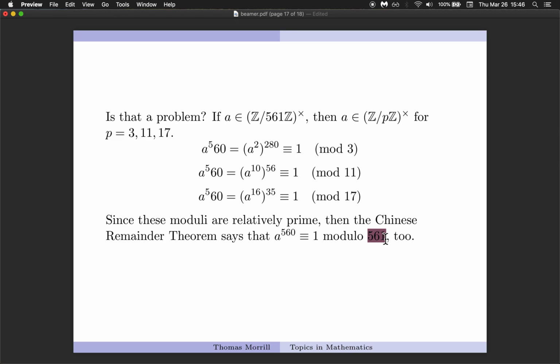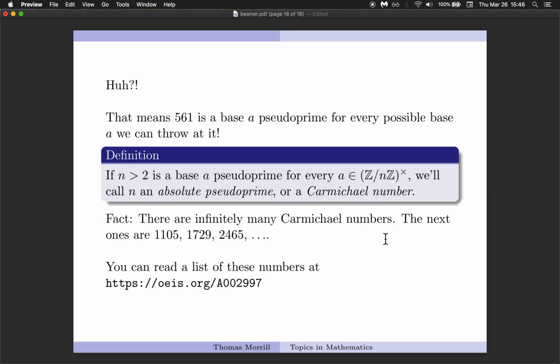Well, that's just kind of the end of it, isn't it? There are numbers that will pass this test no matter what residue we look at. There's no way to be smart about which residue A we're testing with.